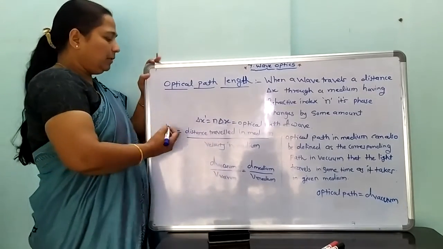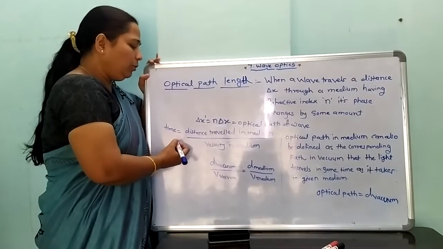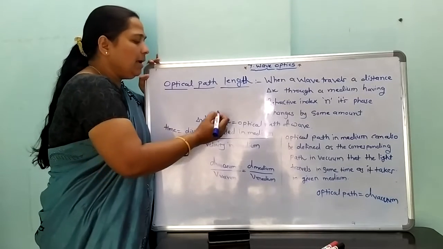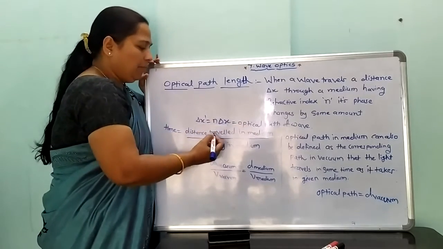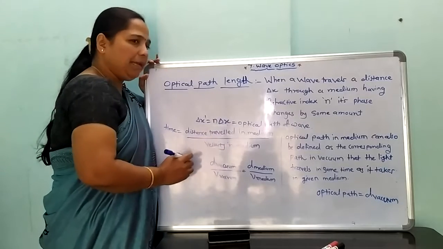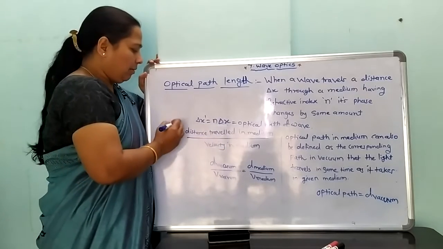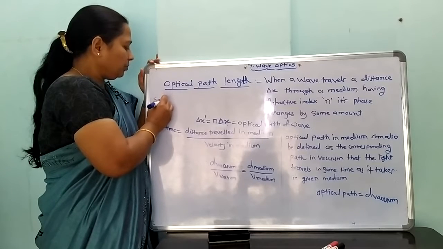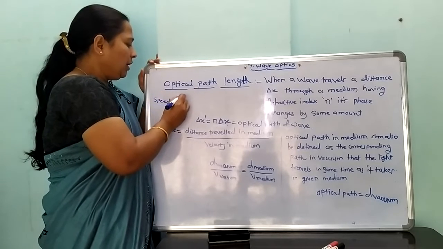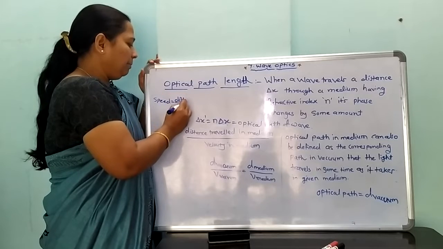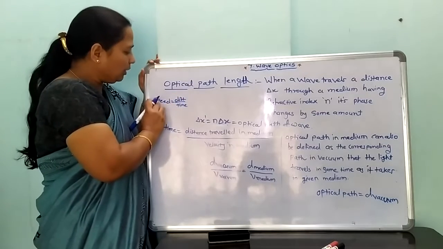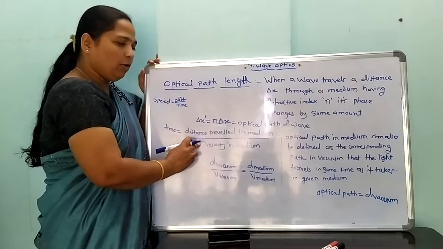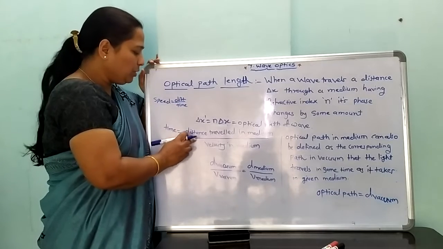Then, the time required to cover a distance in a medium is the distance upon the velocity in the medium. According to the formula, speed is equal to distance upon time, so time is equal to distance upon velocity. That formula is used.